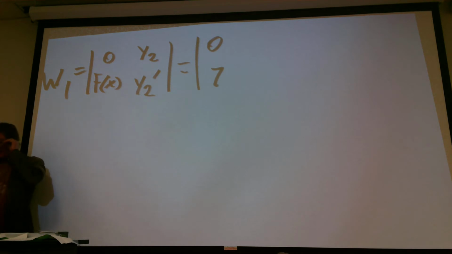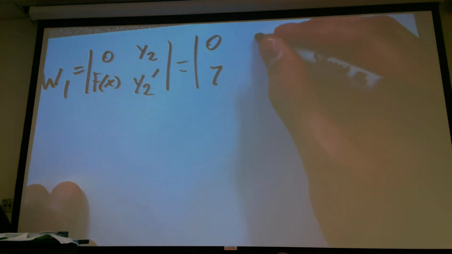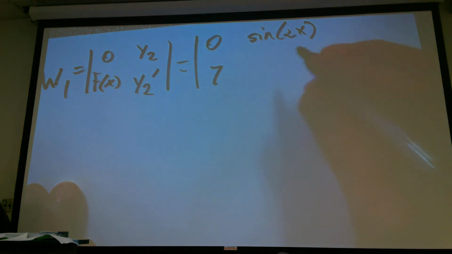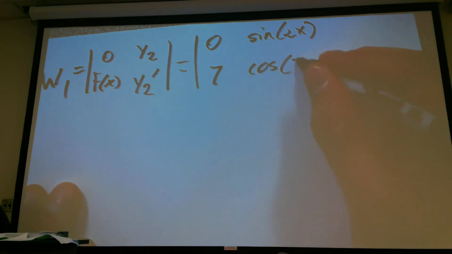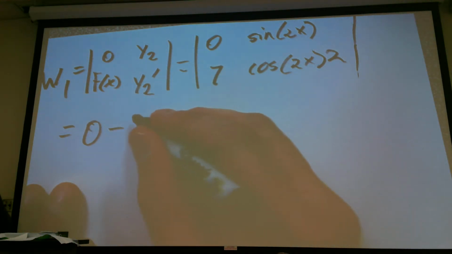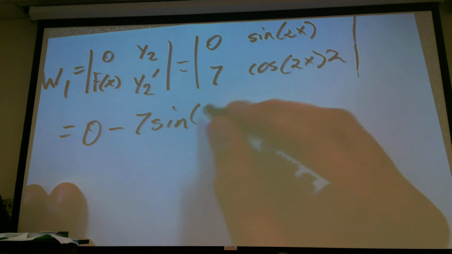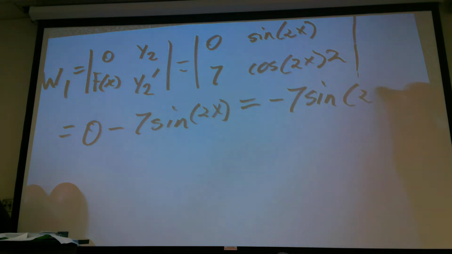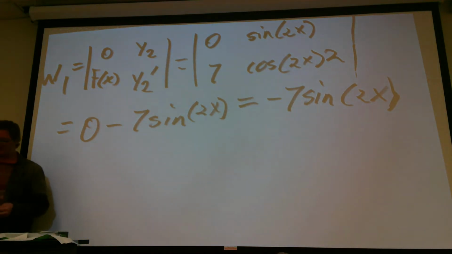So we've got 0 and 7, and sine of 2x times the derivative of sine, which is cosine of 2x times 2. So that's going to be 0 minus 7 sine of 2x, which is just going to come out to negative 7 sine of 2x.